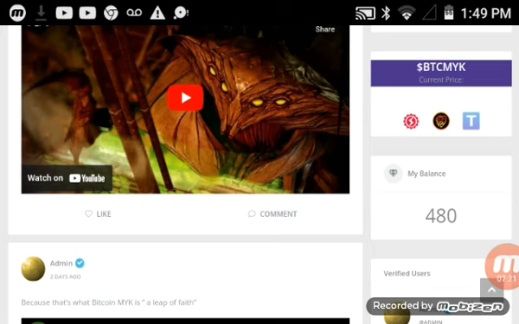Transactions are free, etc. Now, here's the reason, guys, that this is an emergency state of affairs with minting Bitcoin MYK. Much like Bitcoin itself, what happens with Bitcoin and the halving event is that the rewards you can earn start to reduce, right? That's the same thing that's going to happen with Bitcoin MYK.